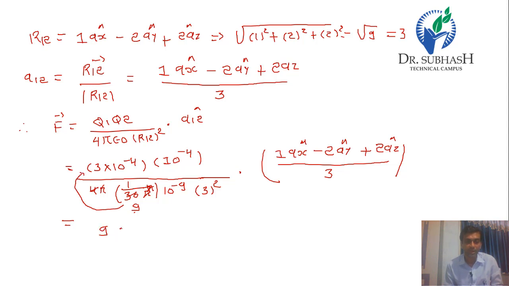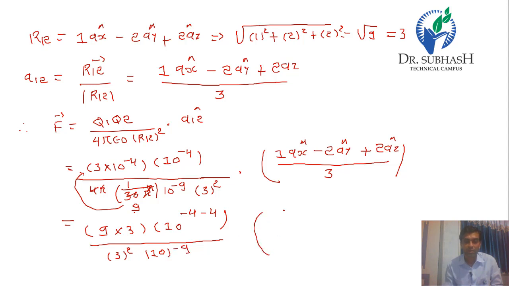So we have 9 cross 3 cross 10 raised to minus 4 upon 3 square 10 raised to minus 9, times ax minus 2ay plus 2az upon 3.